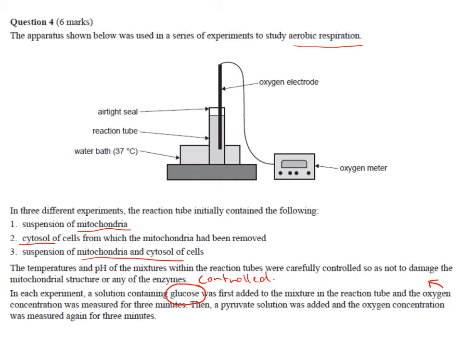I need to think for a second. Okay, if respiration is occurring, oxygen levels should decrease, because remember, oxygen is an input for cellular respiration. In each experiment, glucose was added to observe what happens to the oxygen, and then pyruvate was added, and again the oxygen was measured. Okay.